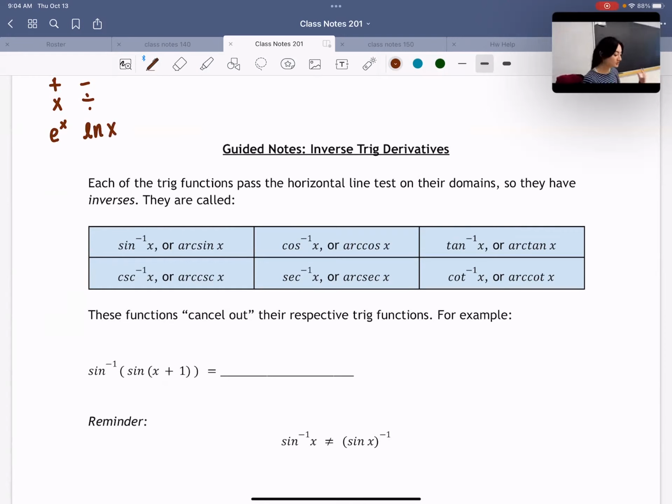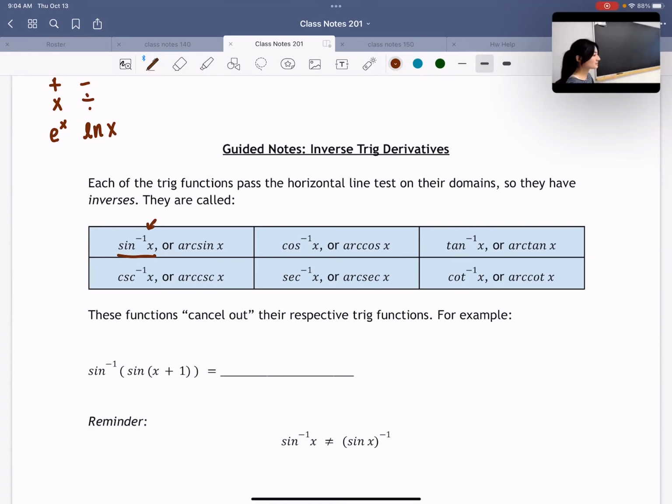Just like these functions are inverses of each other, we have inverses of trig functions. I know it might have been a long time ago when you learned about these, so I'm just going to show you what they're called and the notation we use for them. Let's start with sine. The inverse of sine is sine^-1 x, and we don't say the -1.